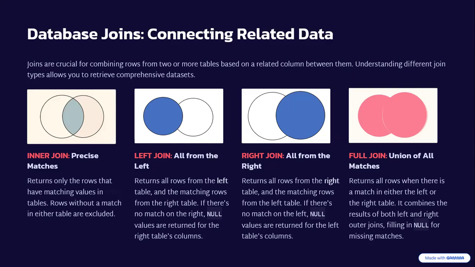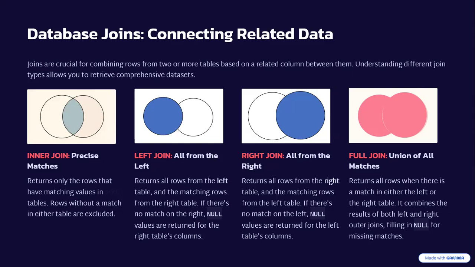Then we have the full join. The full join will return all rows when there is a match in either the left or the right table. So it combines the results of both left and right together. Like I said before, an inner join returns only rows that have matching values in the tables. The left join returns rows from the left table and then matching rows from the right table.